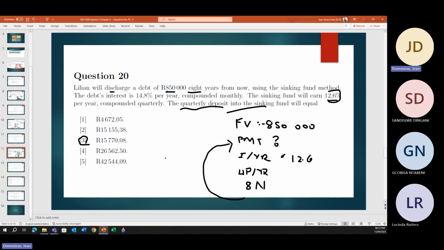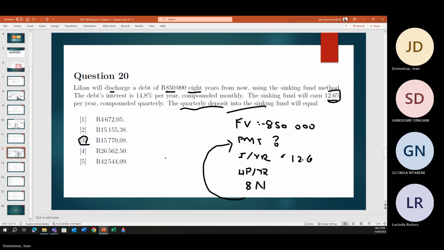Okay, so that is a question around the sinking funds that they can ask you, and nearly in this type of question they can again change if they might give you the payments per year and you need to work out the future value. They could have given you all the information and ask you to work out the interest rate or something like that.